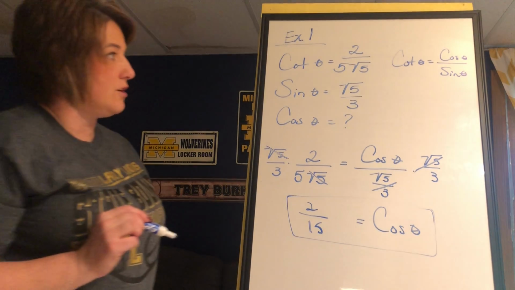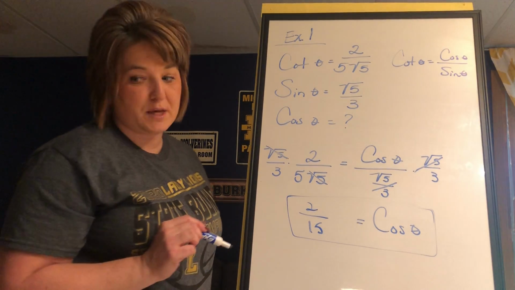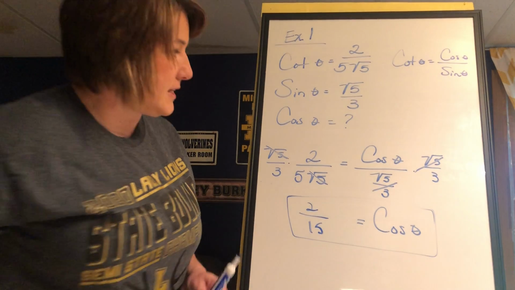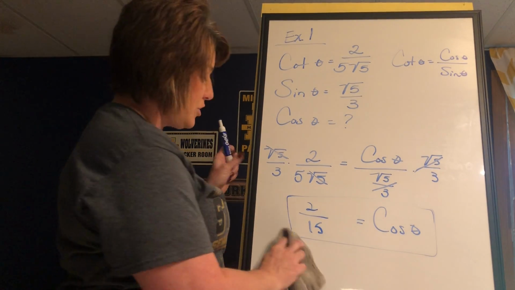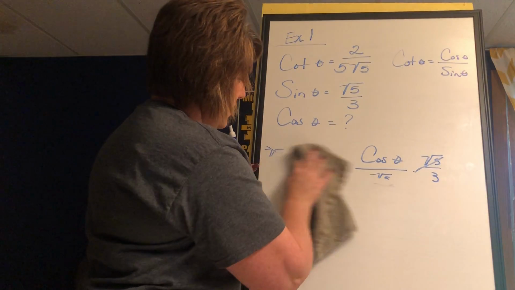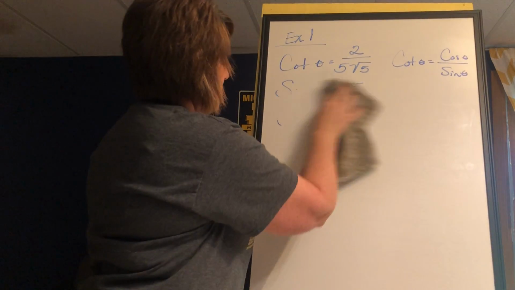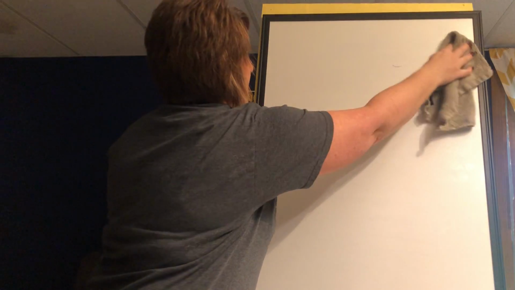Okay, so that first example was with the reciprocal identities. Second example is with the quotient identities. And now let's get what we call our Pythagorean identities.